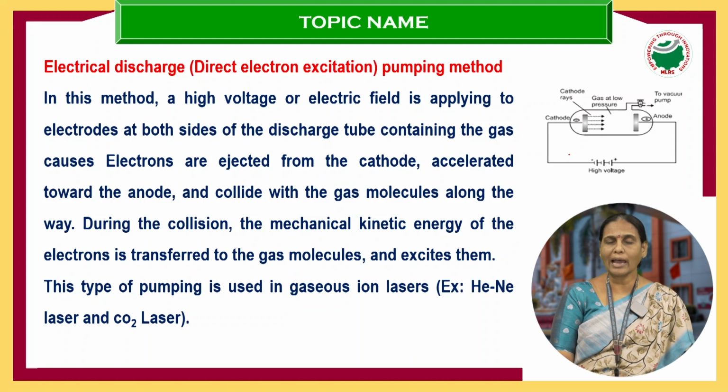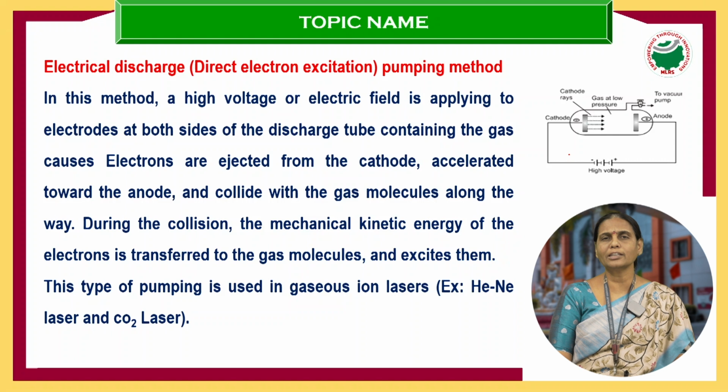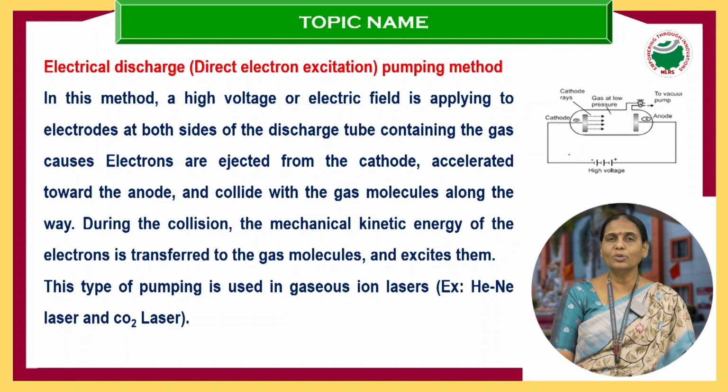That means you have a discharge tube consisting of two electrodes, anode and cathode, connected to a voltage source or an electric field, and this discharge tube consists of gaseous mixtures, because this type of pumping is used only for gaseous lasers.